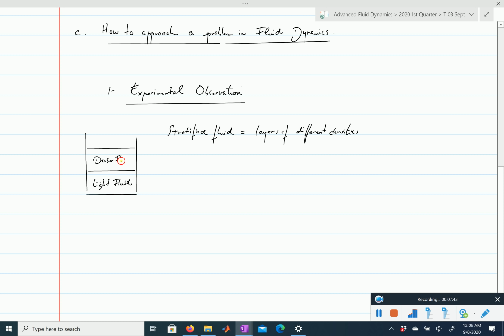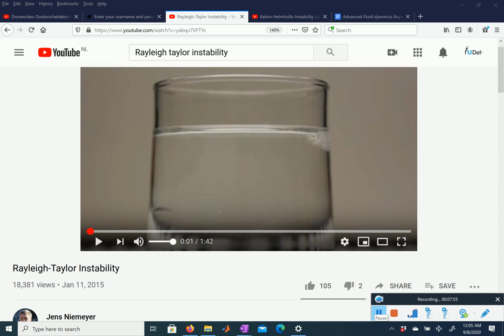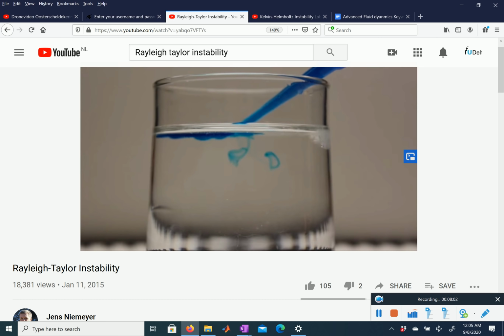So that's a simple stratification. So what happens when we have that? We can do an experiment, and the experiment would look a little bit like this. So here you have a simple glass of water, and the experimentalist here is going to create a stratification.